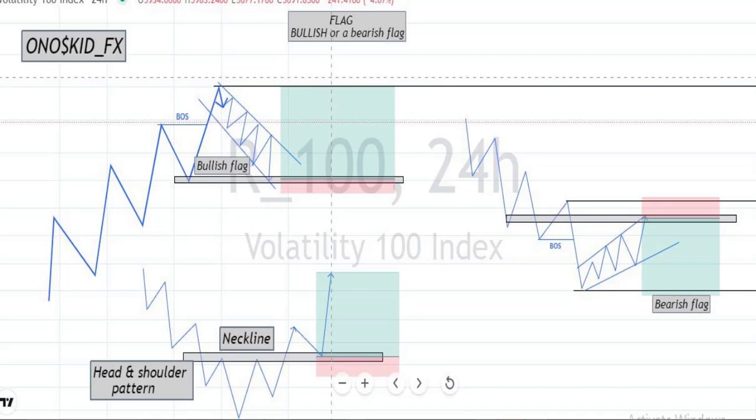So what I have to share with us is how we can trade chart patterns. Okay, how we can trade chart patterns. So there is a statement that said that price is fractal. All right. So what that means is that whatever happens on the higher time frame also replicates itself on the lower time frame. All right.